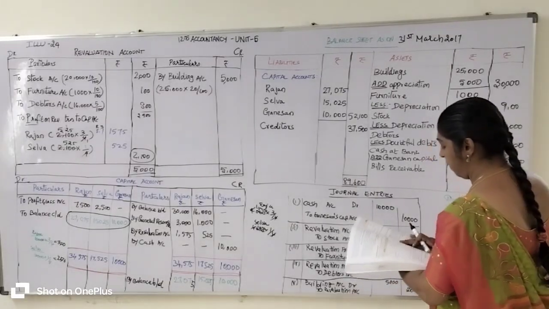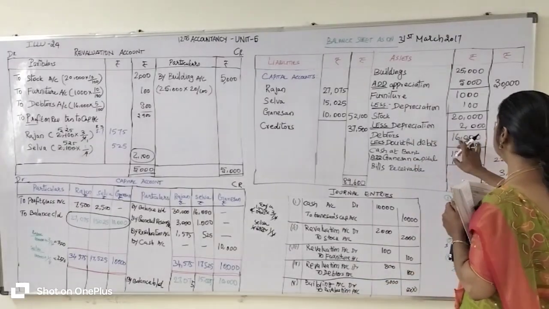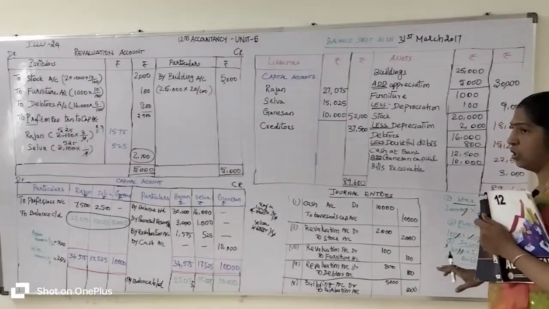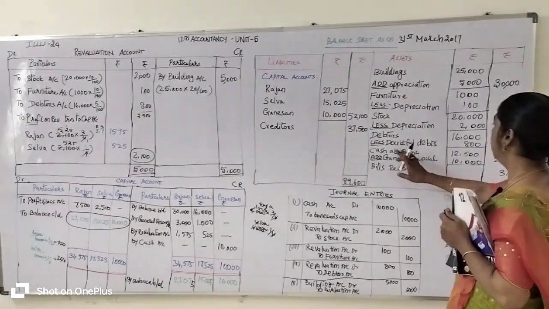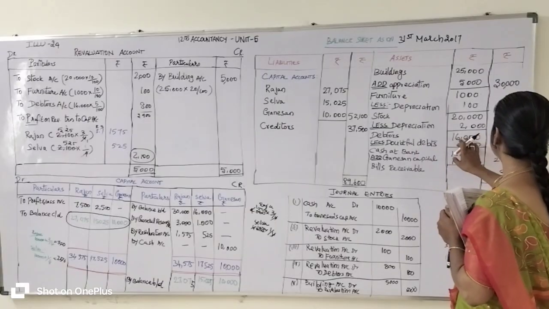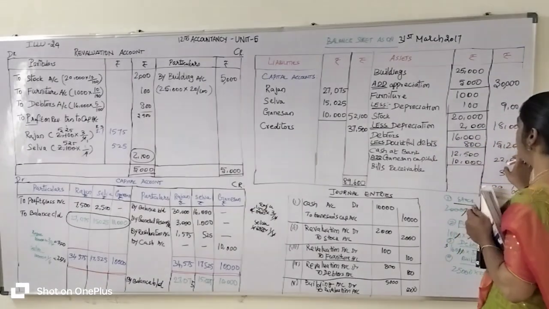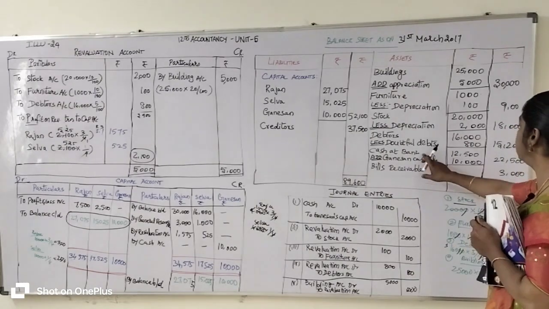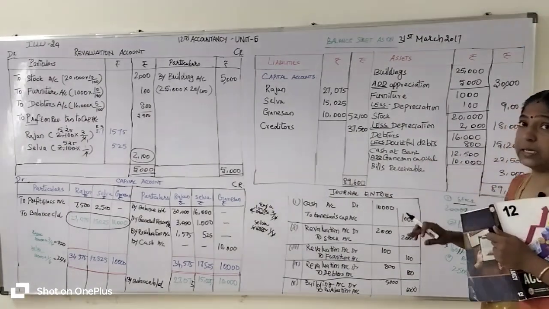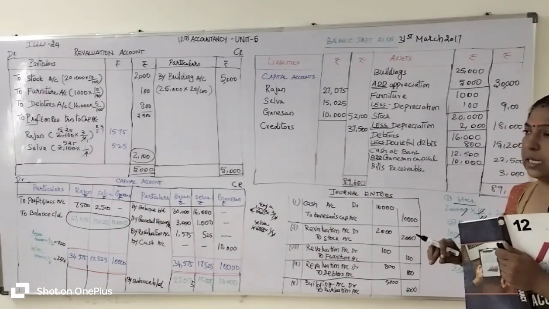Then debtors 16,000 rupees entered. Then doubtful debts means loss. Okay. So loss means we have to subtract it. Doubtful debts 800 rupees from debtors, you will get 15,200 rupees. Then cash at bank 12,500 rupees entered. Ganesan brings 10,000 rupees cash as capital.